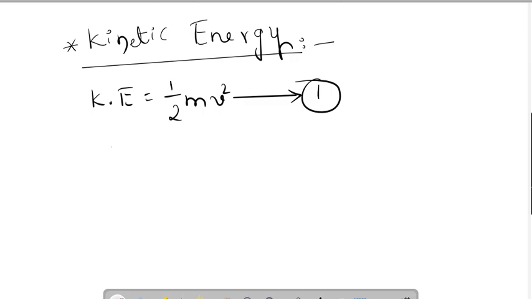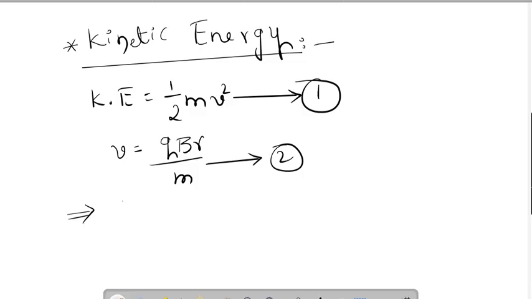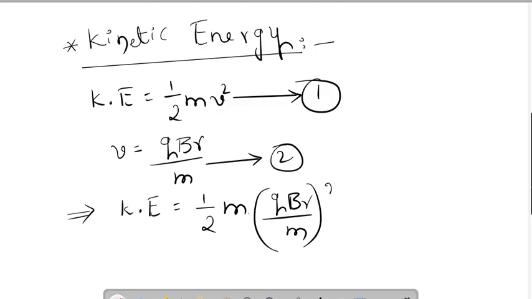Now, if you substitute the v value here, what is v? We got from the equation v equals qBr divided by m. Substituting, you will get m into qBr divided by m whole square.